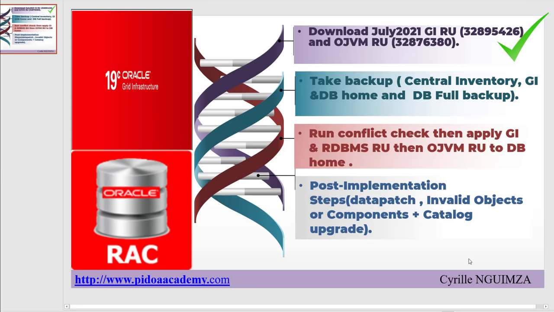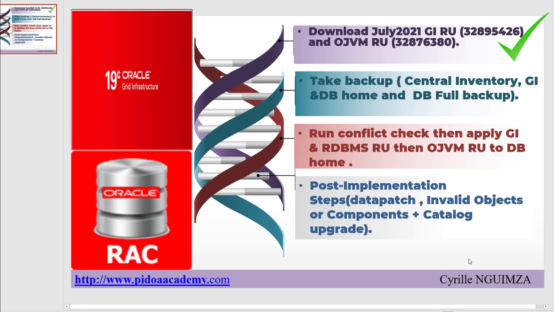Before doing anything, you need to take the backup of central inventory, the backup of grid home and DB home, and then the database full backup. These are the backups required for rollback in case you are facing any issue.